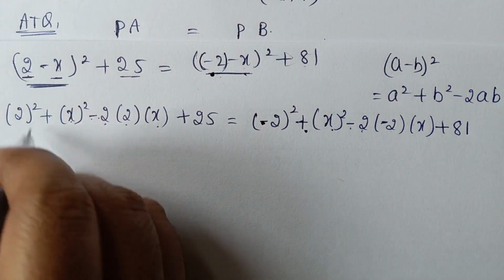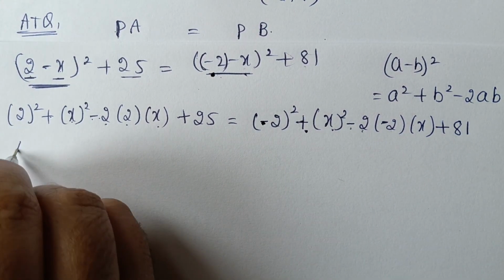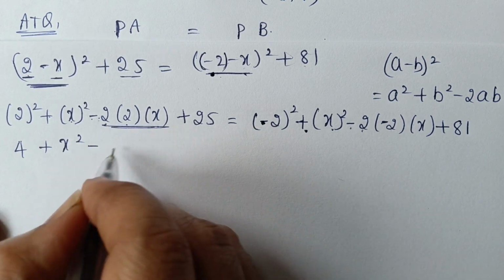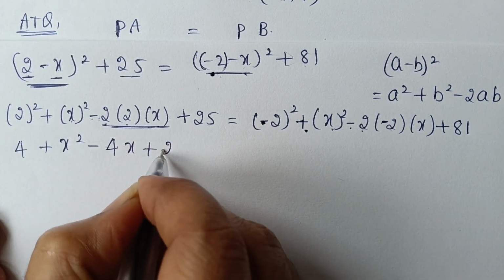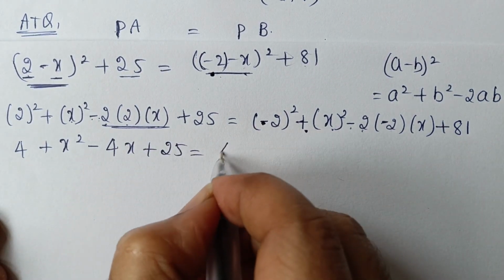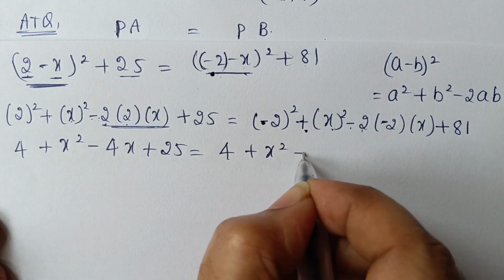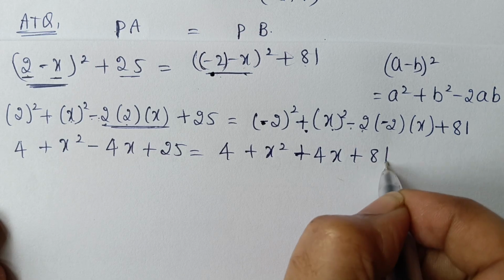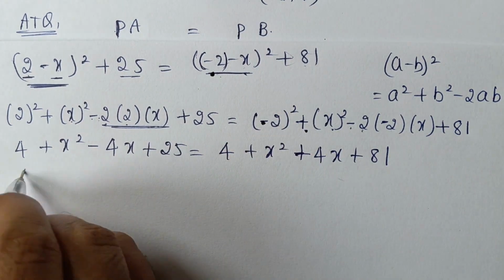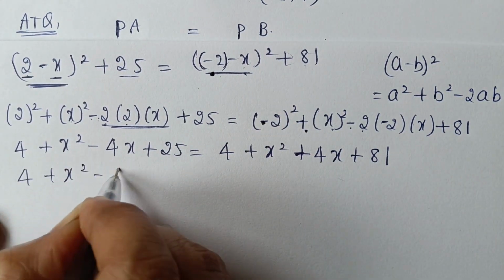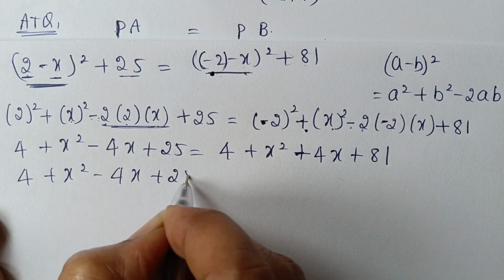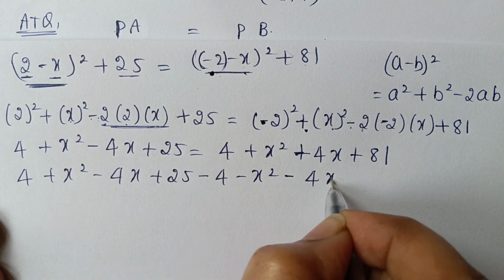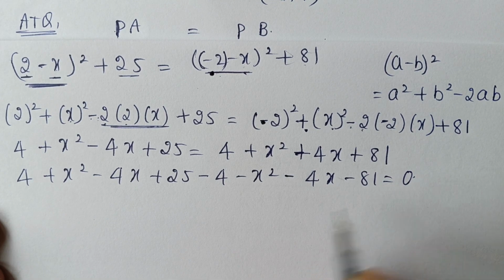And now 2 square is 4, x square minus 2 2s are 4, 4x plus 25. Here minus 2 square is 4, x square minus into minus plus 4x plus 81. Now transpose everything: 4 plus x square minus 4x plus 25 minus 4 minus x square minus 4x minus 81 is equal to 0.